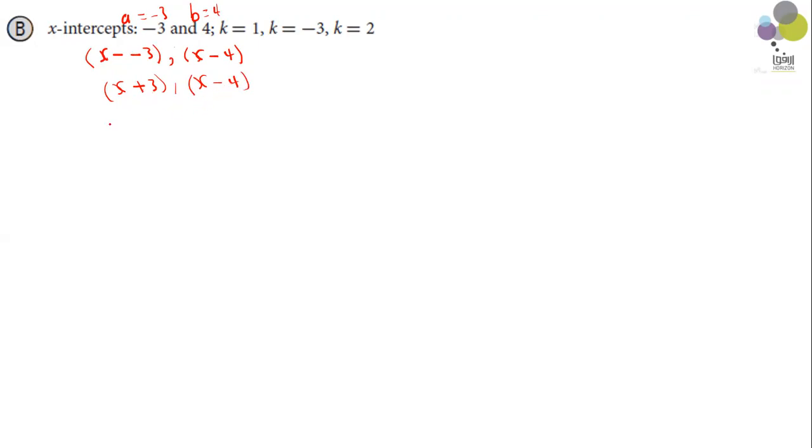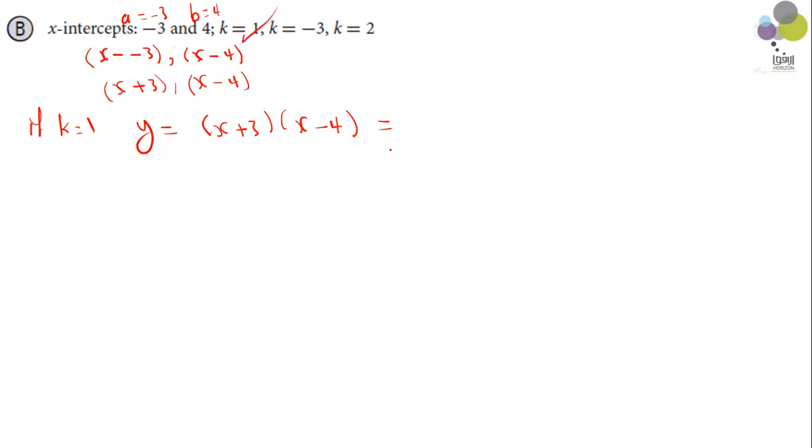Okay, now we have to rewrite if k equals 1. So the function will be 1 multiply the product of two linear factors, x plus 3, x minus 4. Here 1, because k is 1, first case.